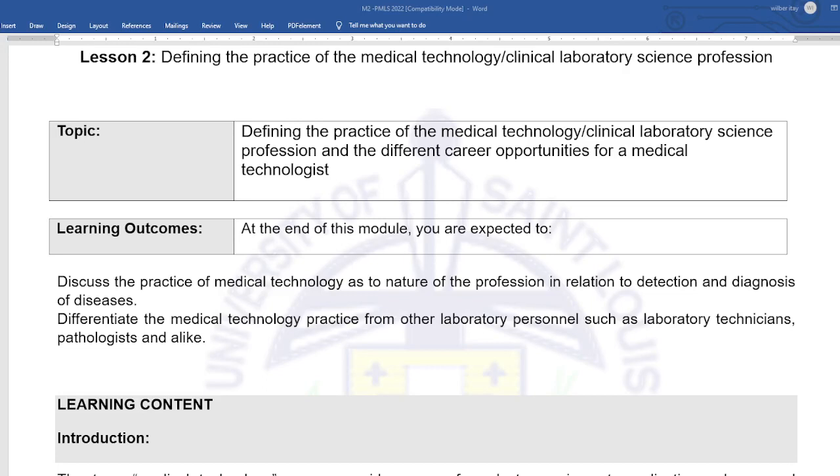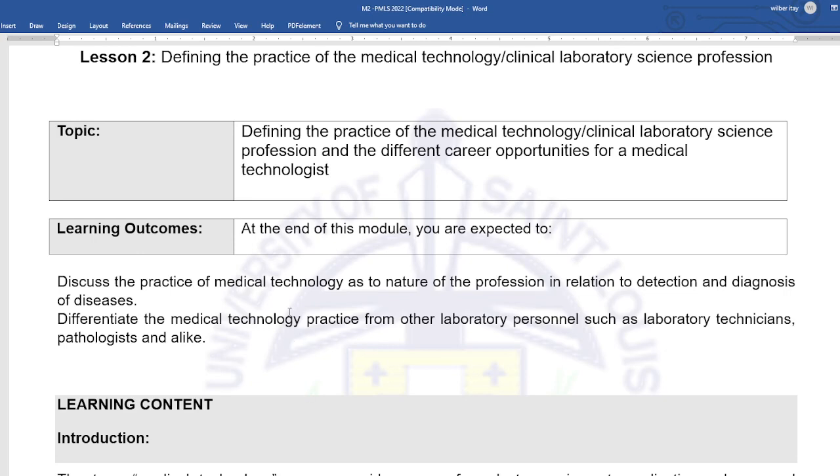So for the second lesson, second module for the Principles of Medical Laboratory Practice 1, it will be about a discussion on the practices of medical technologists or medical laboratory scientist or clinical laboratory scientist and the different career opportunities for this profession.